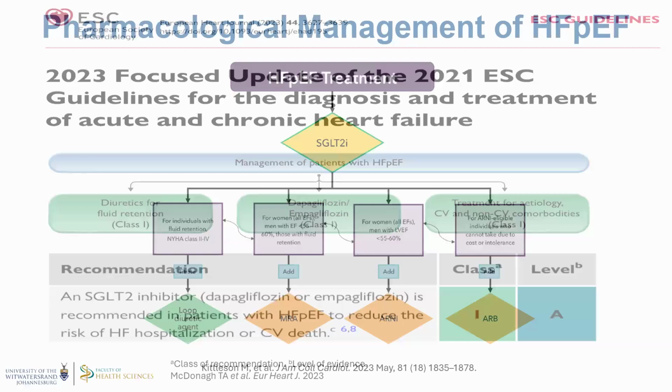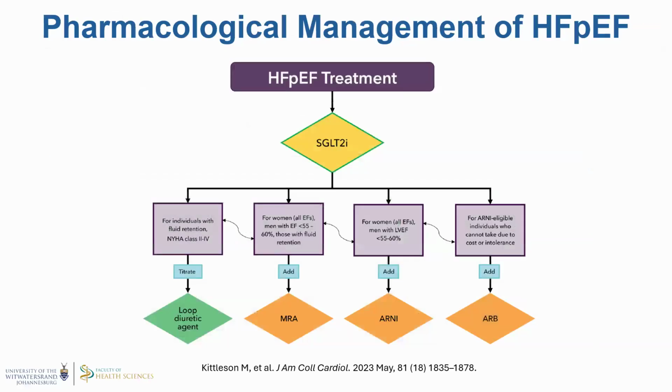This article from JACC by Kittleson and colleagues, which was published last year in 2023, also has this pathway that they use. Besides an SGLT2 inhibitor, they've got these subgroups of patients based on subgroup analysis of all those trials that I was describing.